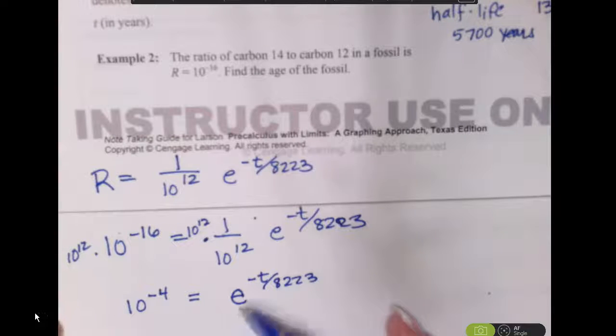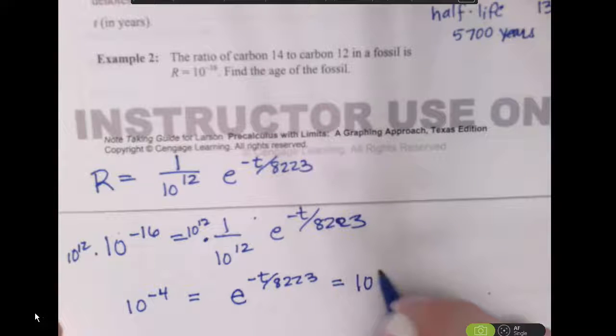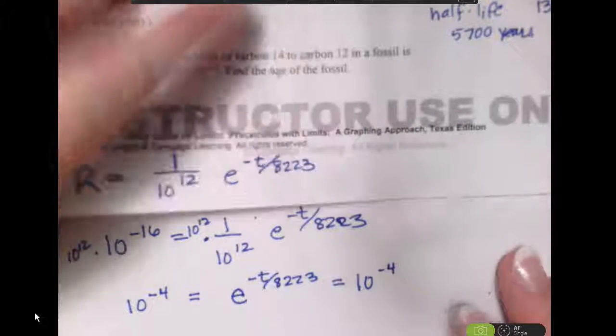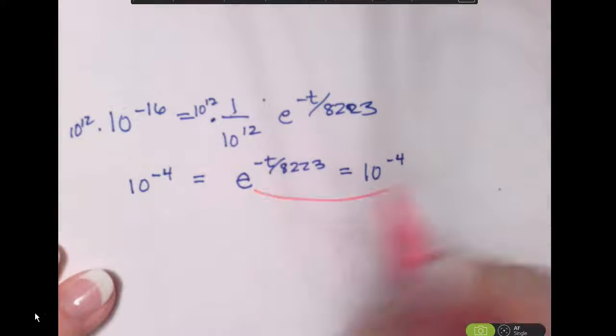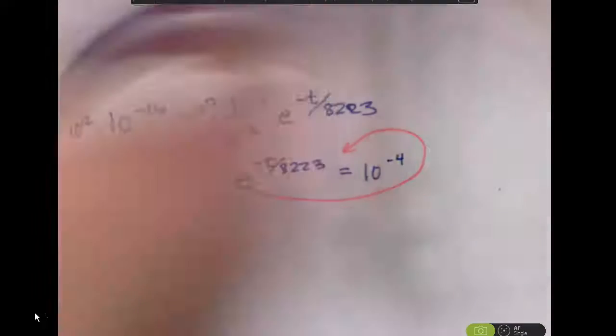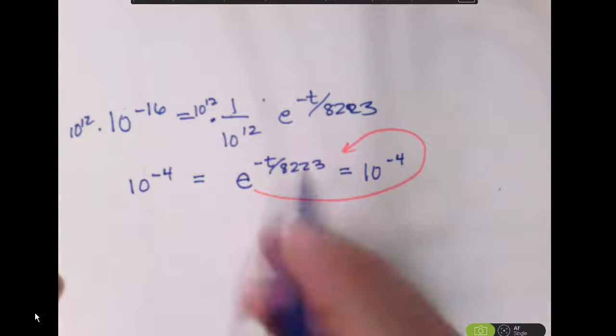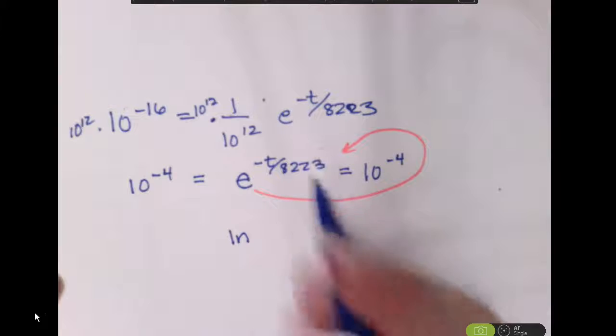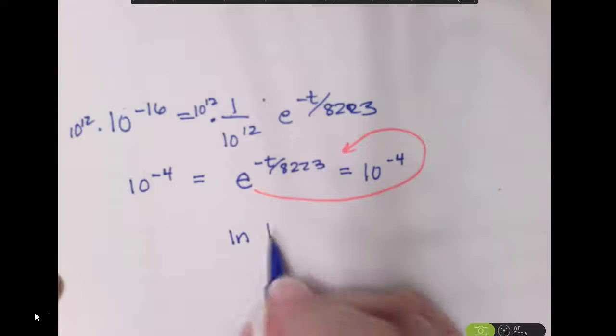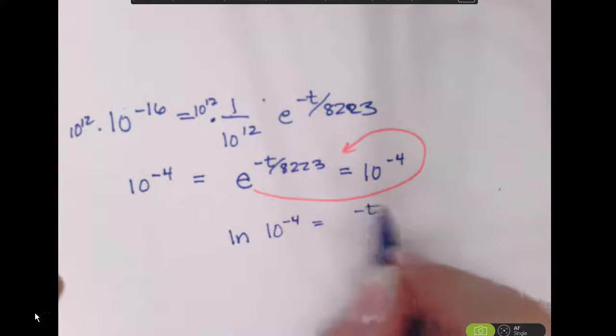Now we've got an e and a variable up in the exponent, and that's a signal that we want to change it into logarithmic form. I just wrote my answer over here so that I can use my loop. And since I'm using e, I'm going to take the natural log base e of 10 to the negative 4th equals negative t over 8,223.